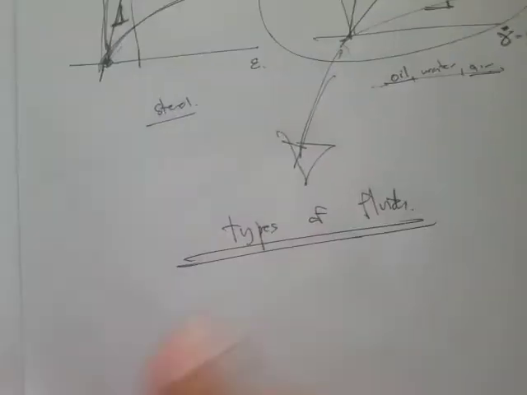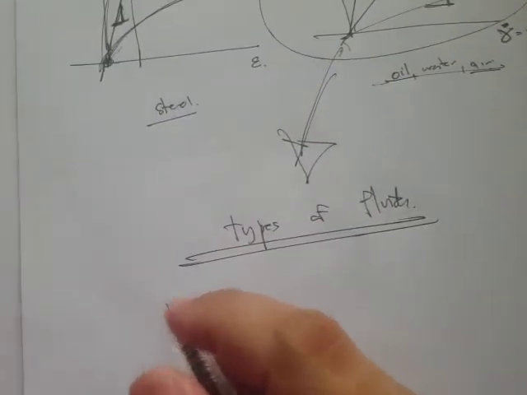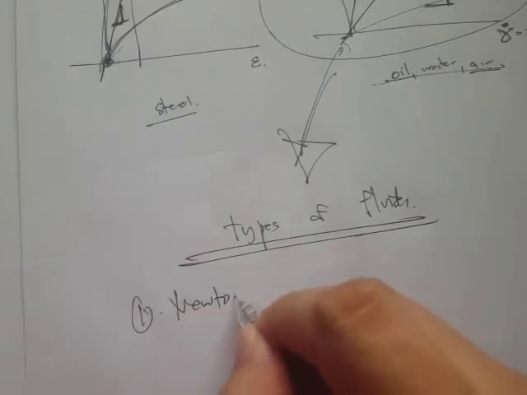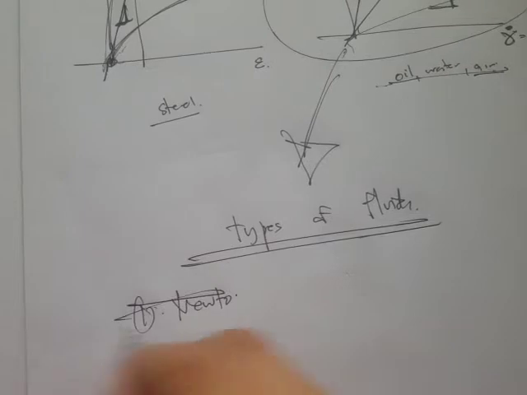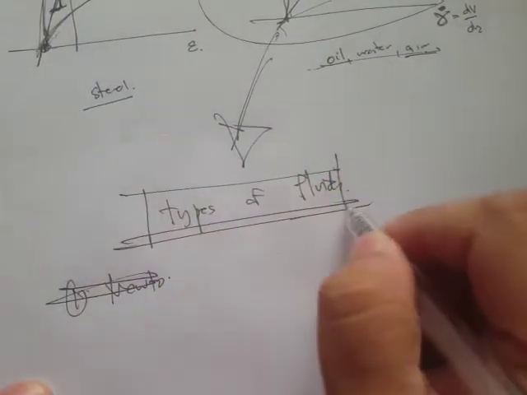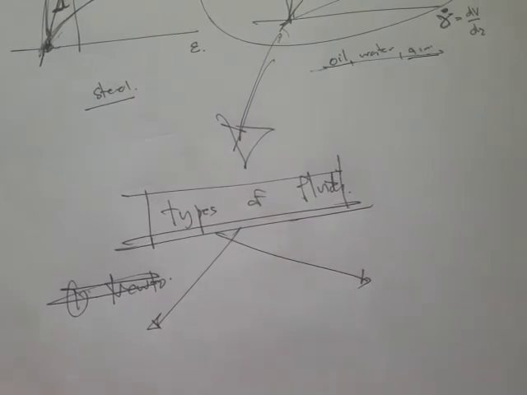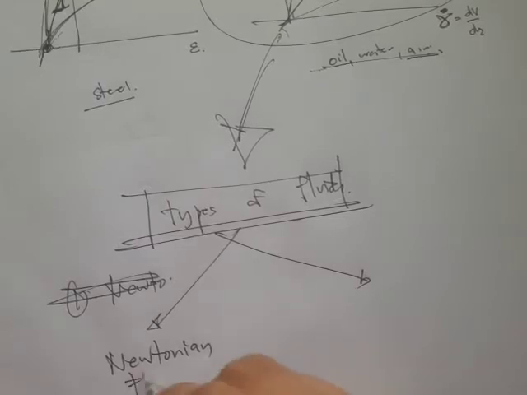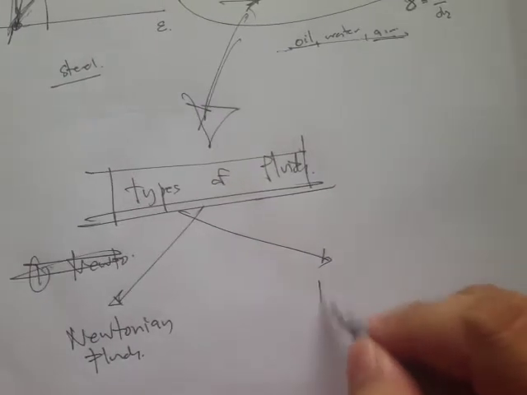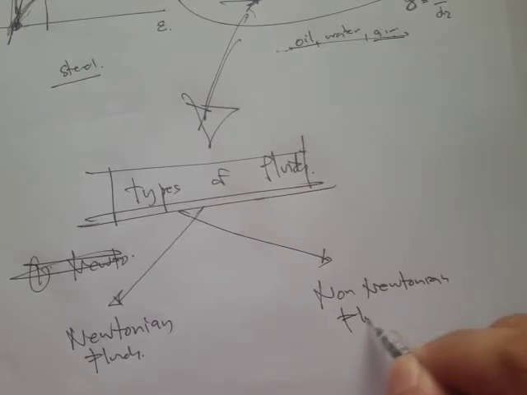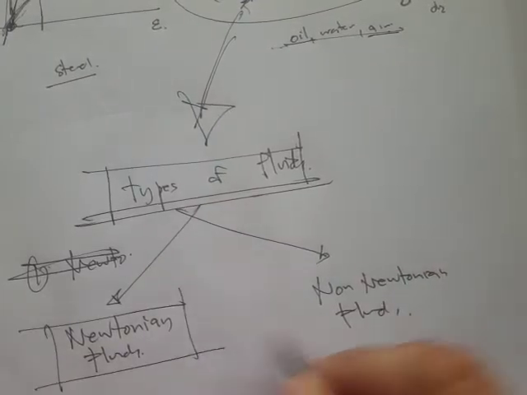For the types of fluids, number one, we have Newtonian fluids, and here we have non-Newtonian fluids. Right, so what are Newtonian fluids and what are non-Newtonian fluids?